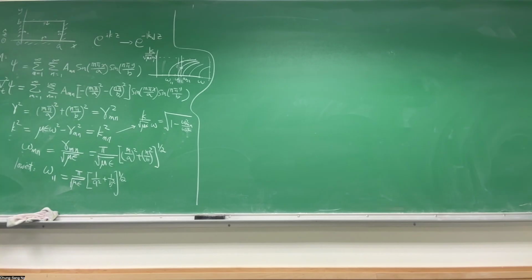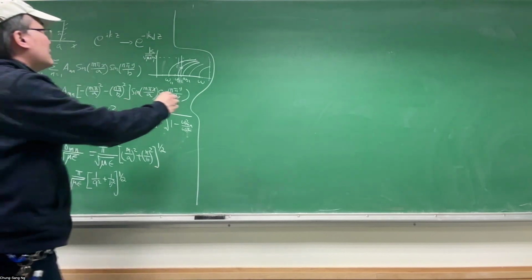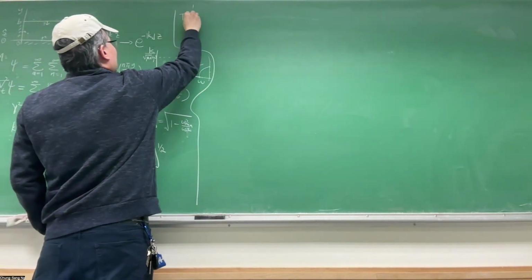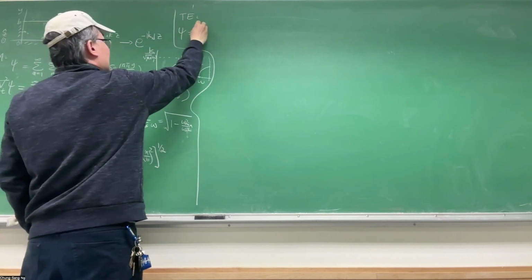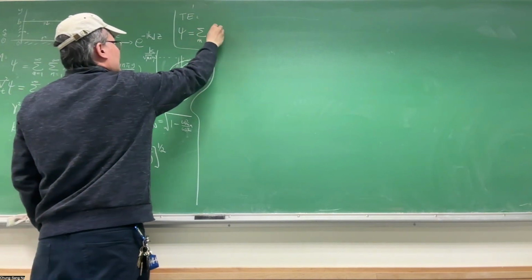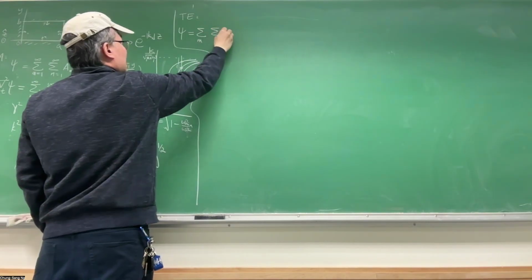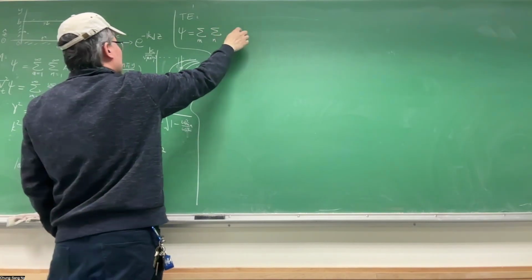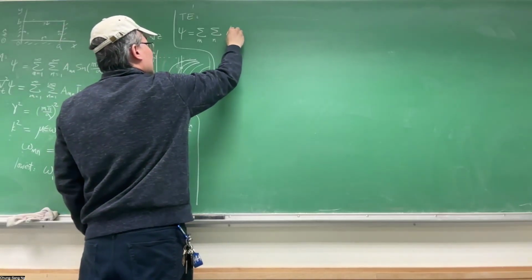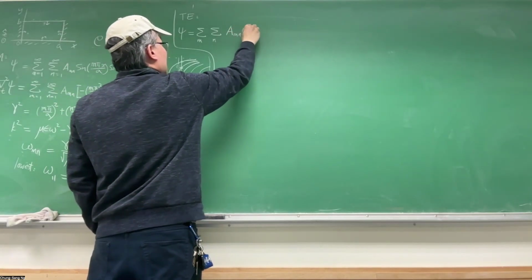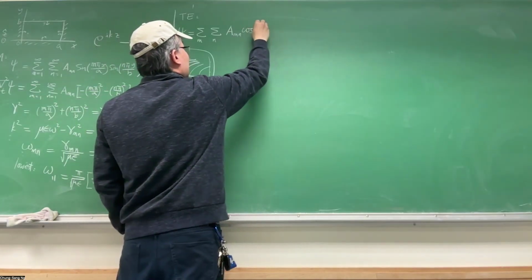But either way, for the TE mode, you just choose cosine instead of sine. Now the m, n limit may change, but we leave it open for now. So it's whatever the coefficient, and then instead of using sine, use cosine.